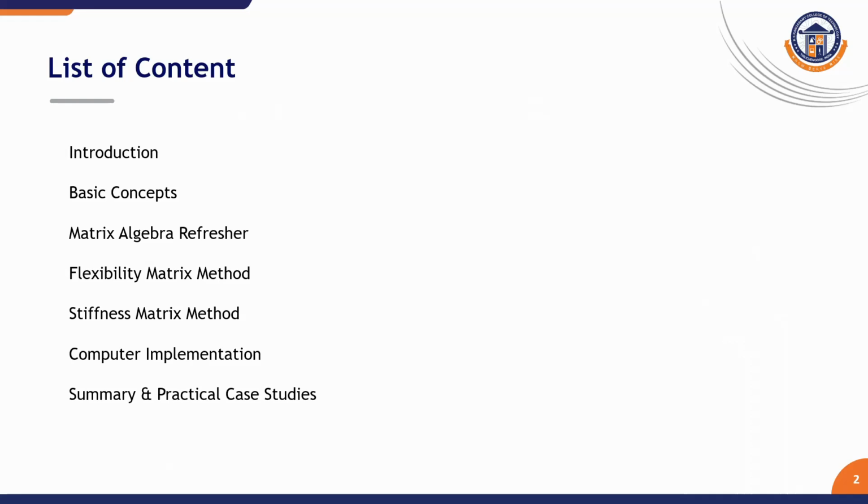Next, we will examine the stiffness matrix method, which is the most widely used approach in contemporary practice. We will discuss the software and computer implementation of this method, highlighting its role in modern software. Finally, we will conclude with a summary and practical case studies to illustrate real world applications.